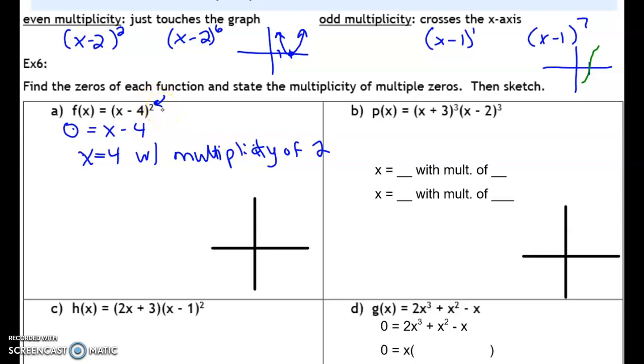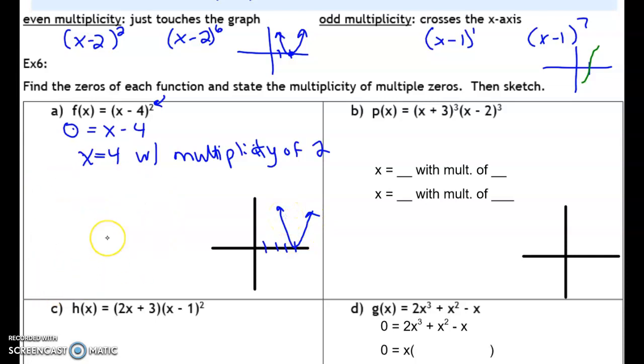Multiplicity of 2. So since that number is even at 4, instead of going through the x-axis, it's just going to turn back around. Okay, now if you think about what this graph looks like, this is that parabola moved forward to the right. So my graph's not perfect, but it's a good idea of what it looks like.